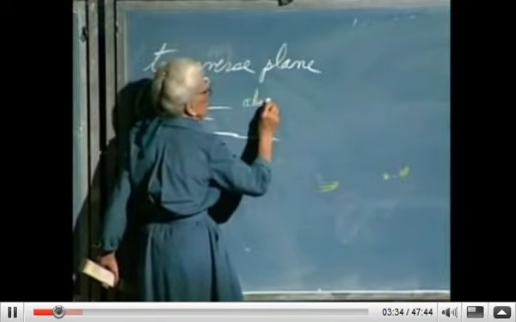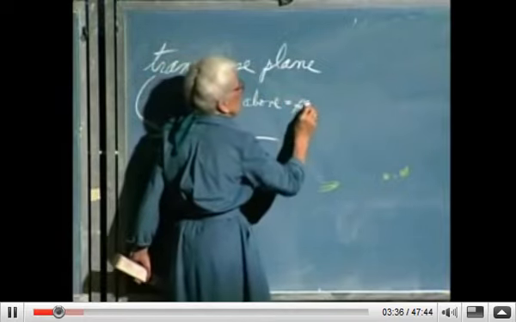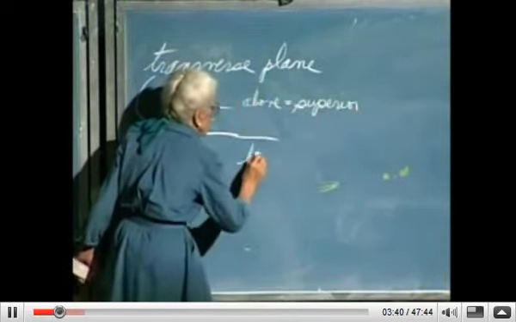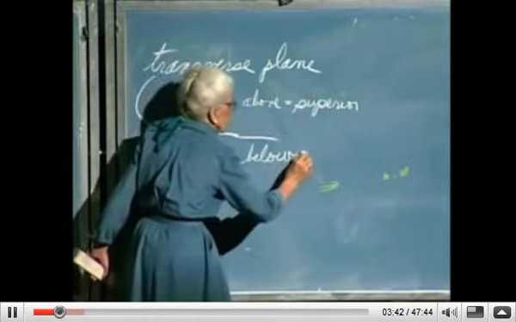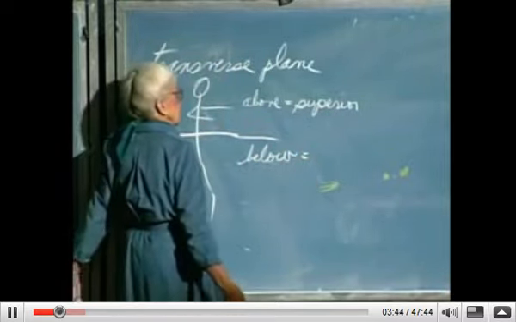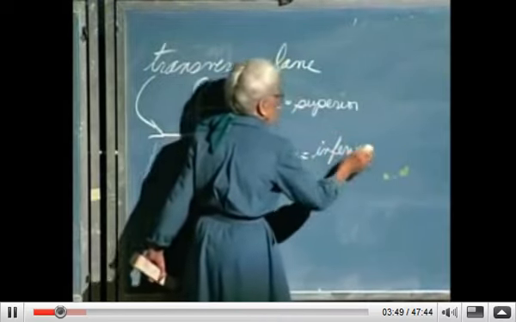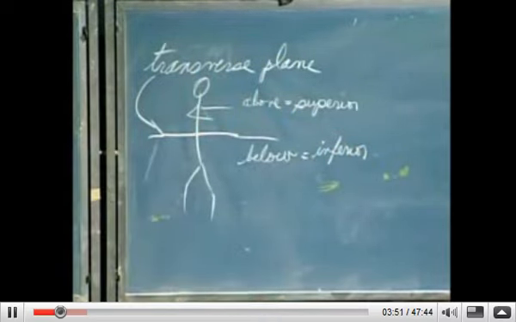So above equals superior. Below equals what? Inferior, sure. I don't have to tell you, you can figure it out. But the point is, these are simple terms that we'll be using constantly with regard to our structures.